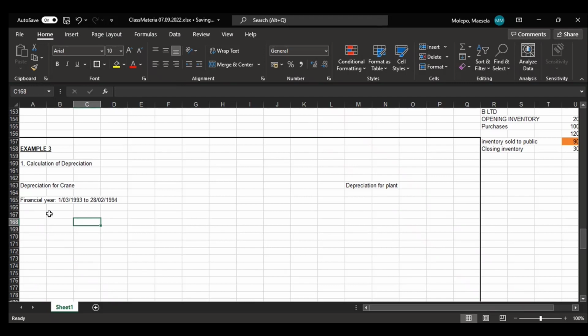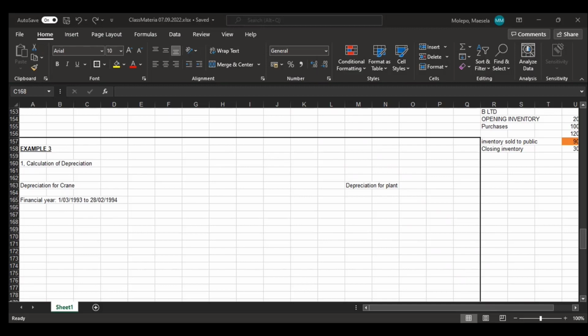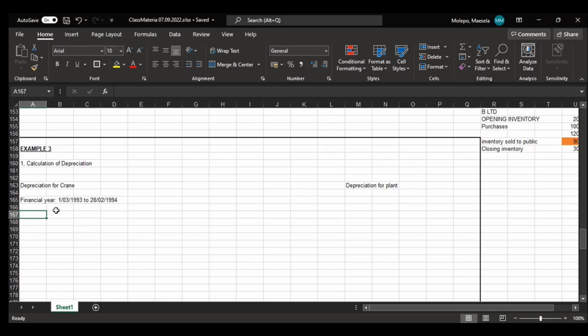Then let's do, based on the information they were saying, this crane which was withdrawn and so on. The cost of the crane was 200,000. The crane A carrying amount on 1 March. So now the carrying amount of a crane, it means the crane will have cost, it will have accumulated depreciation, and then it will be a carrying amount.